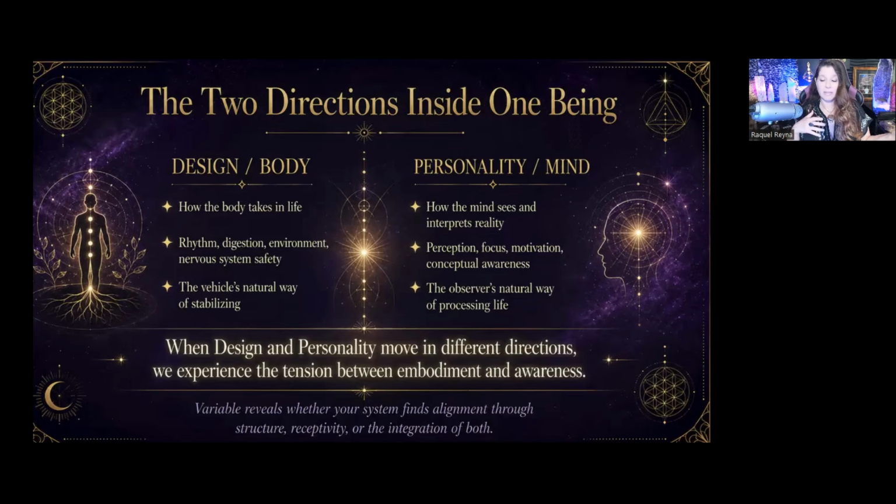So when the design and the personality move in different directions, we experience tension between embodiment and awareness. And the vehicle reveals whether your system finds alignment through structure, reciprocity, or the integration of both. So this is the contemplation. I find it very interesting.